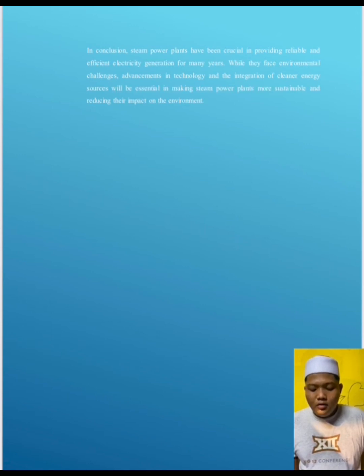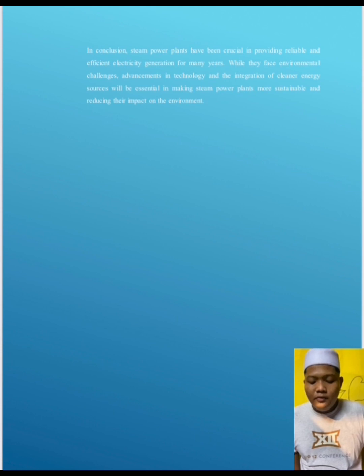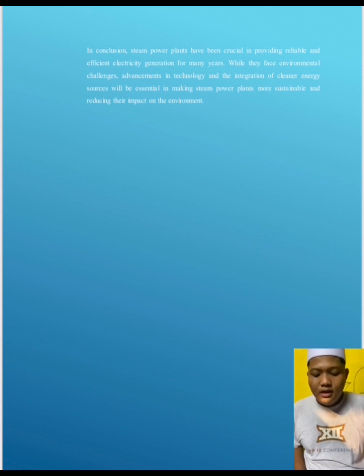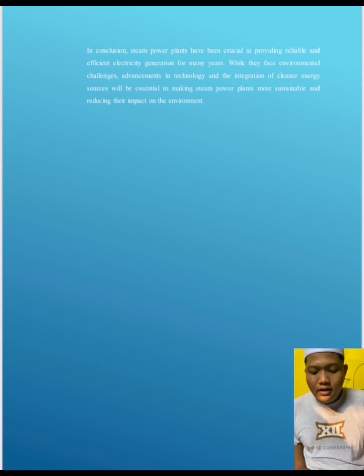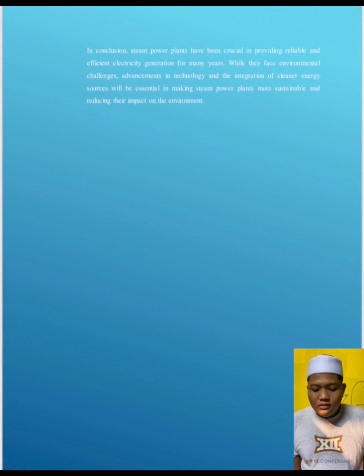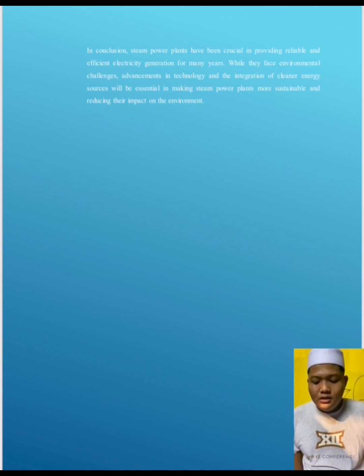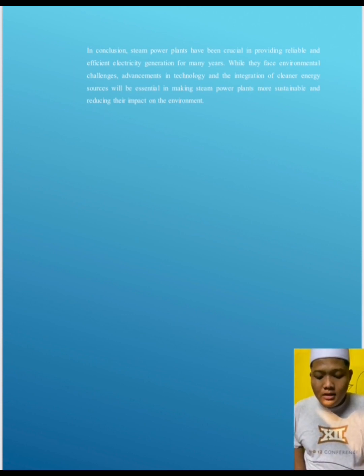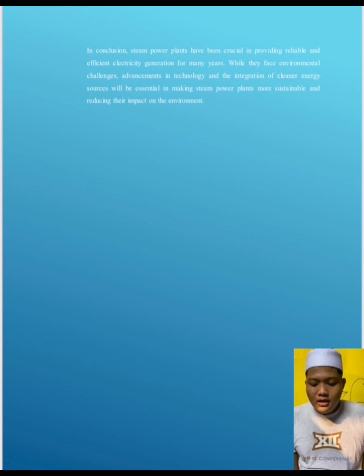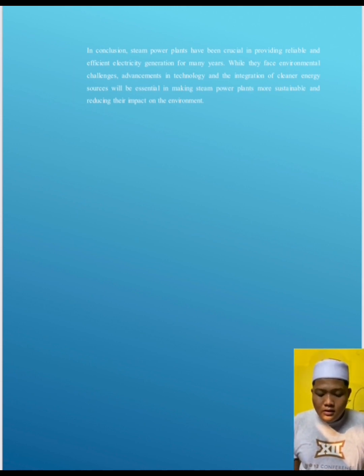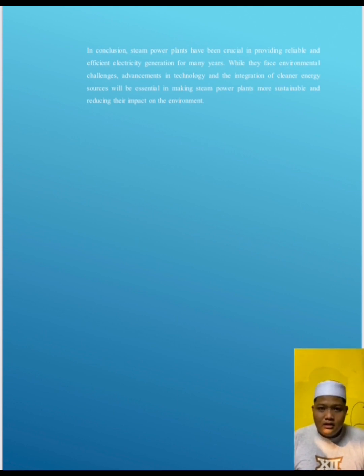Steam power plants operate by utilizing heat energy from various sources such as fossil fuels like coal, natural gas or oil, even renewable sources like biomass or geothermal energy. This heat is used to produce steam which drives a turbine connected to a generator, ultimately generating electricity.